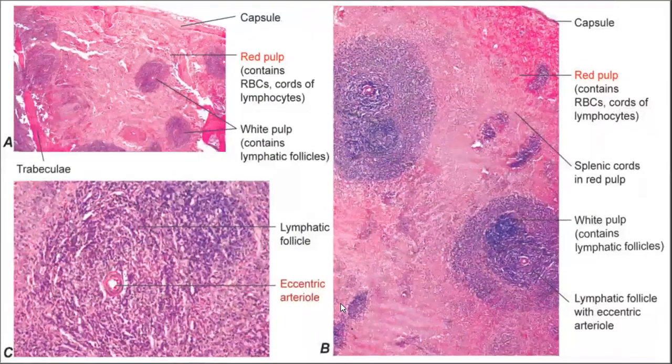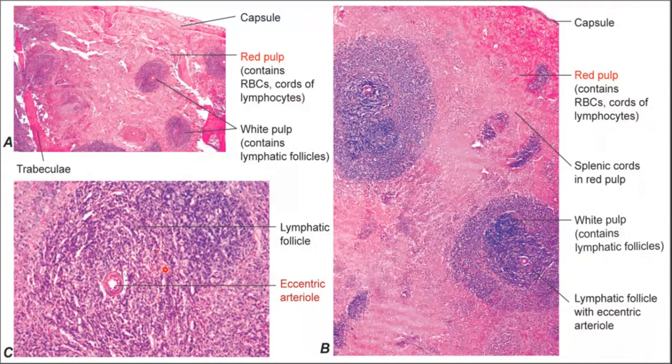Now let's look at an image. Here you can see an artery surrounded by lymphocytes. Here you have expanded white pulp. You can see that this artery is not at the center. It is pushed to one side, so it is eccentric. So this one is a splenic nodule.